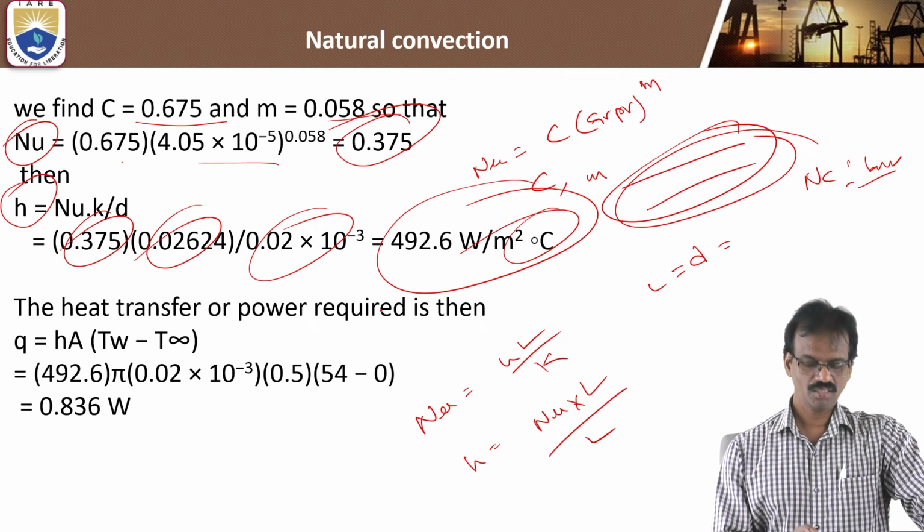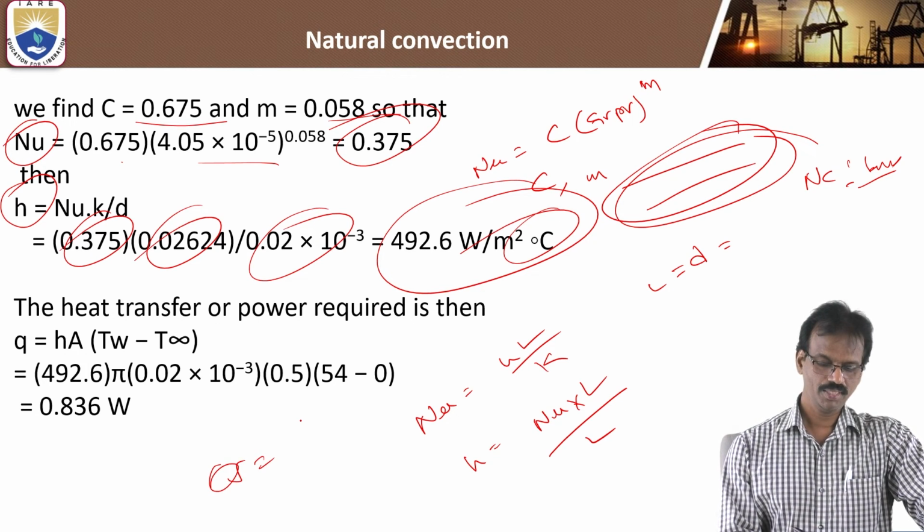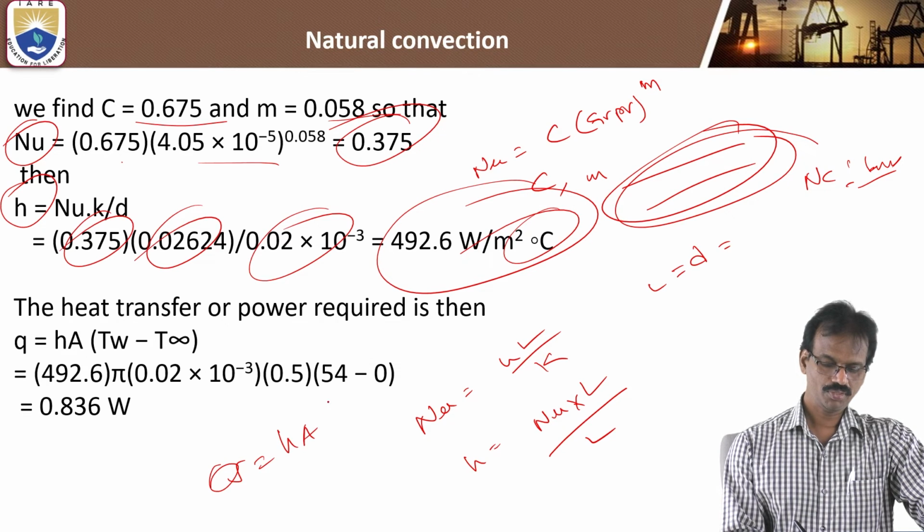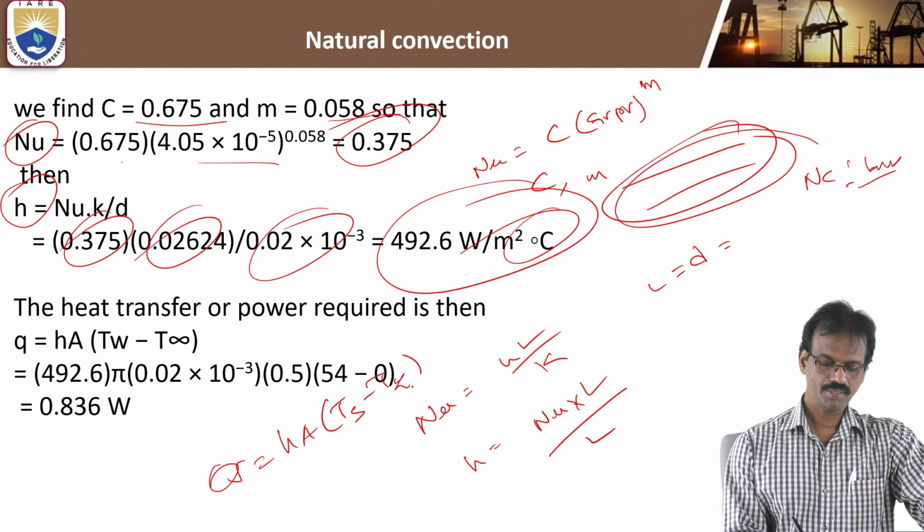If you know h, then automatically you can find the rate of heat transfer: hA into the temperature difference, Ts minus T infinity. So h is equal to 492.6 into the area.